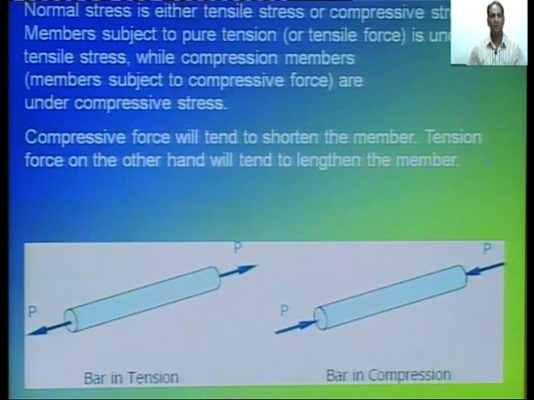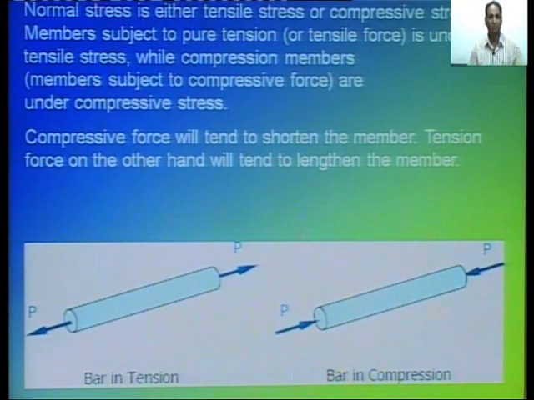Normal stress means the load is acting normal to the surface. So, normal stress is either tensile stress or compressive stress. It means a member subjected to pure tension is under tensile stress, while members subjected to compressive force are called compression members.